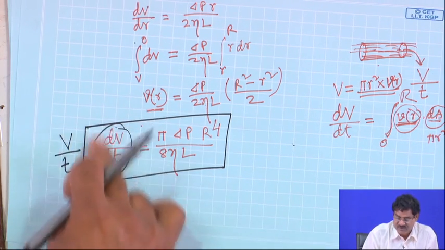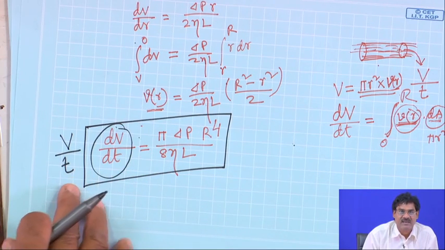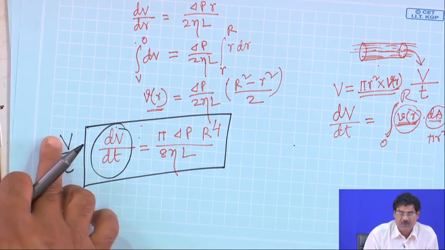So, this is the rate of change. If I collect water for time T, then what is the volume?